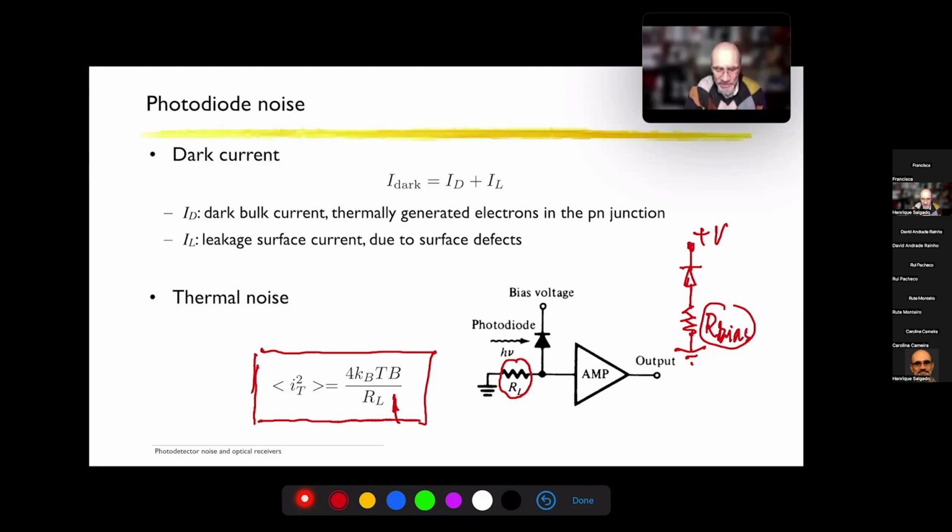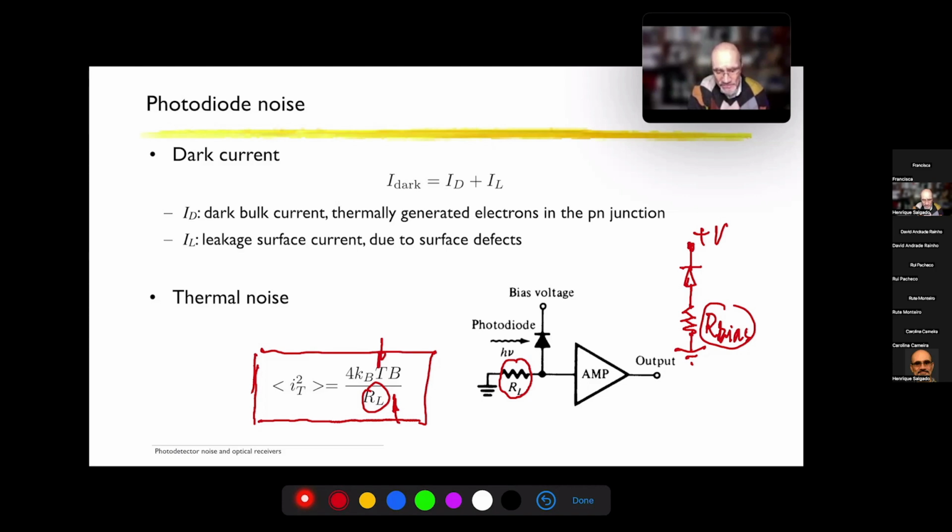Again, this is equivalent of assuming a certain type of white noise, because the power spectral density is constant over frequency, where T is the temperature in Kelvin, k sub B is the Boltzmann constant, and R sub L is the resistance. And so you see that the lowest noise is achieved by using a high resistance value here. Okay.